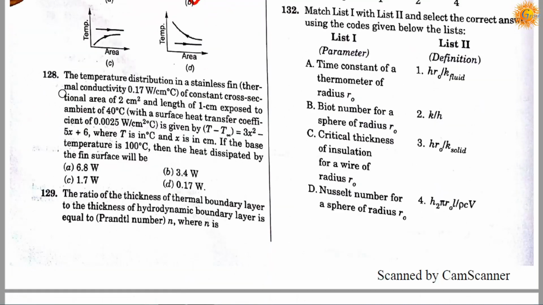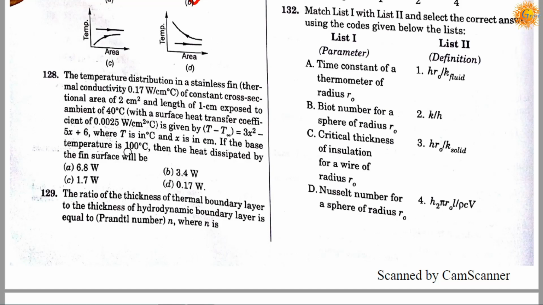Question number 128. The temperature distribution in a stainless steel fin, thermal conductivity 0.17 watt per centimeter degree centigrade, of constant cross-sectional area of 2 centimeters square and length of 1 centimeter, exposed to ambient of 40 degrees centigrade, with a surface heat transfer coefficient of 0.0025 watt per centimeter square degree centigrade, is given by T minus T infinity equal to 3x square minus 5x plus 6, where T is in degree centigrade and x is in centimeter.